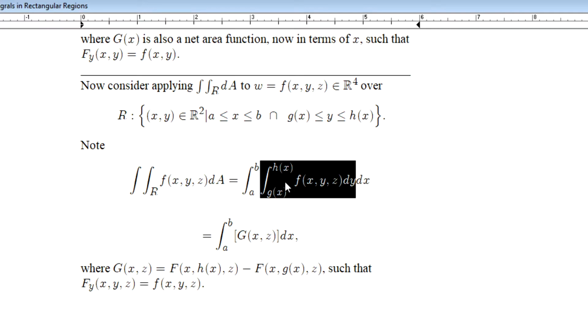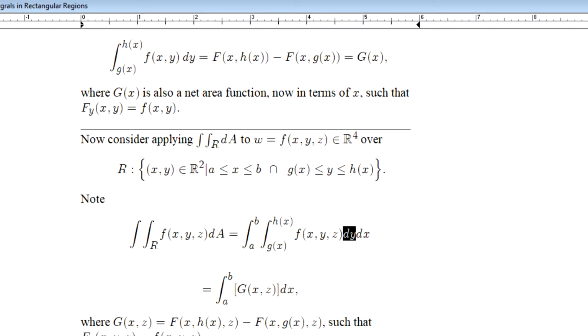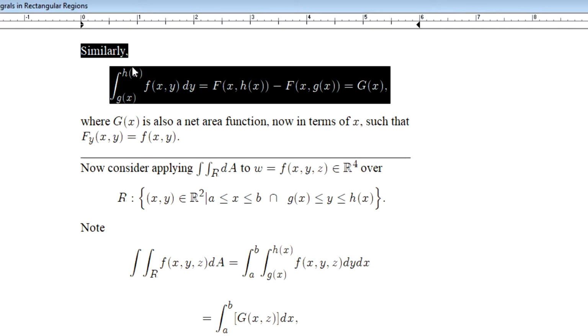integrating first on the inside of these iterations of integrations with respect to y, we're going to see a result very similar to what we saw just above in our second note that we opened with.